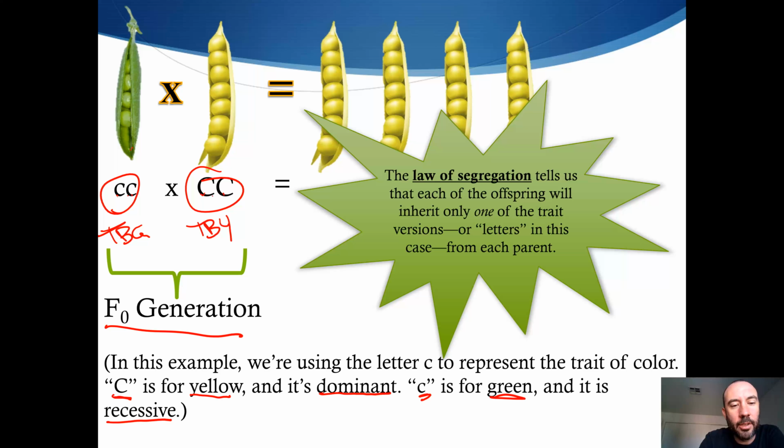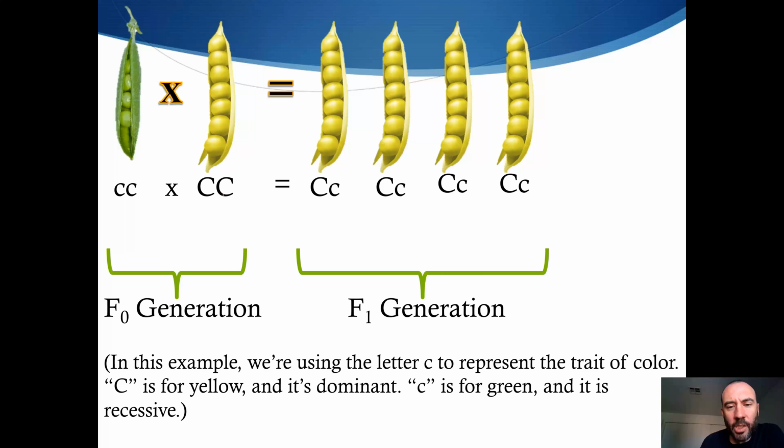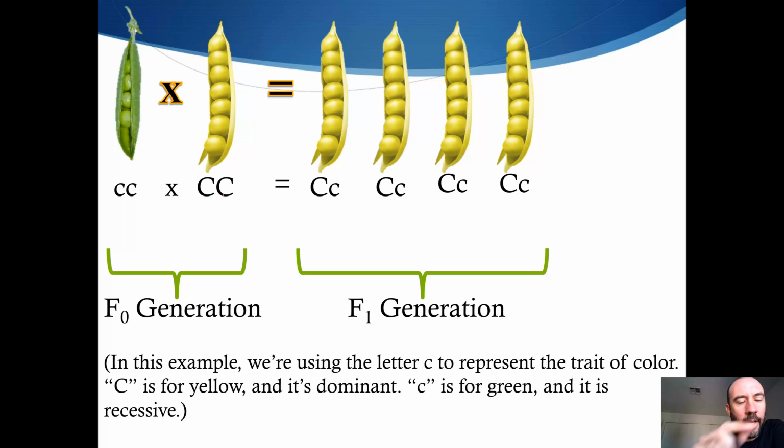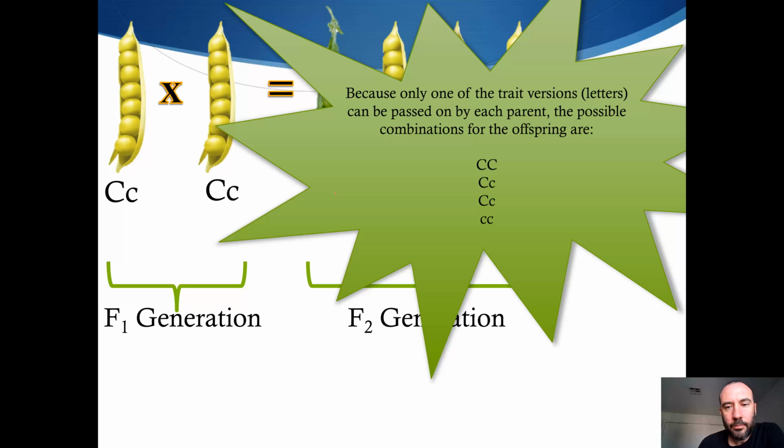This one can only pass on a big C or a big C. So it should be no surprise that this one passed on a little c each time. And this one passed on a big C each time. So each of these in the F1 generation are big C, little c. So they carry one of each. All right.